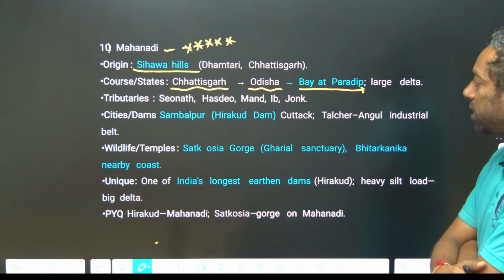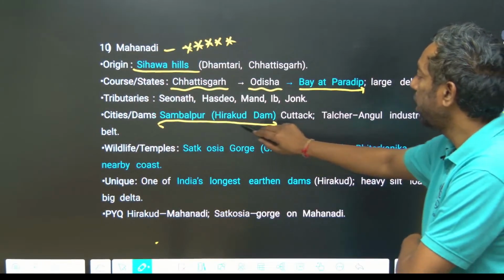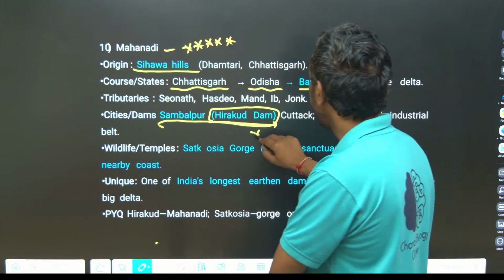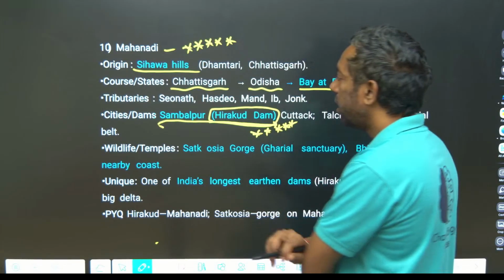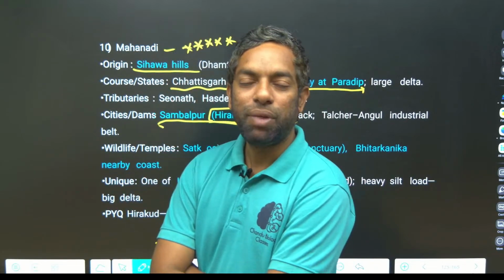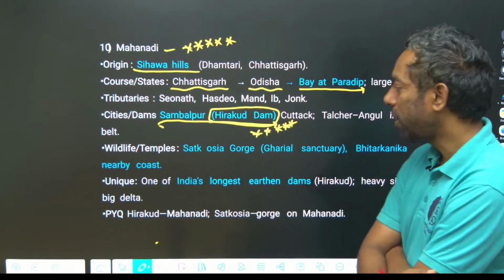Cities are Sambalpur, Chhattisgarh. Hirakud Dam is there. This is important. In previous years PYQ, they did ask the question: Hirakud Dam is on which river? This is the most important, guys. It is built on which river? They did ask you many times previously.